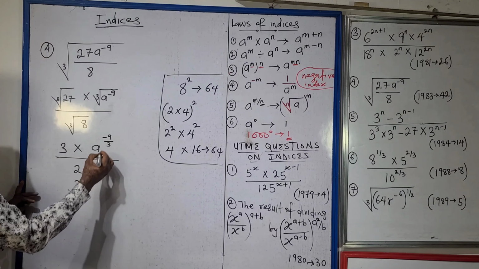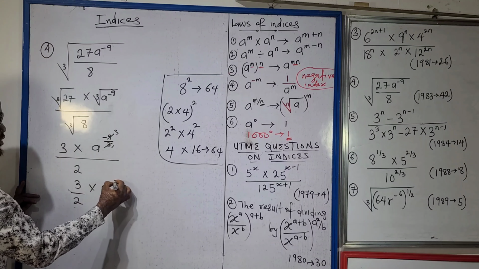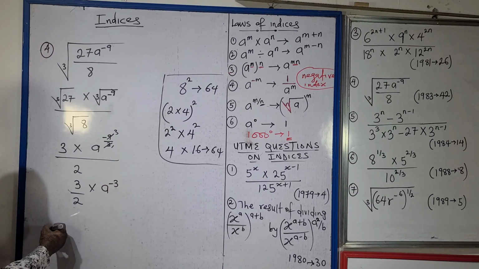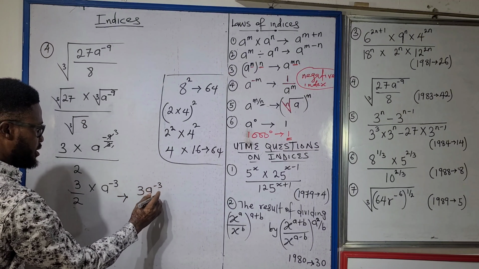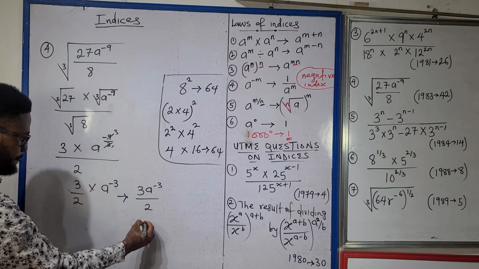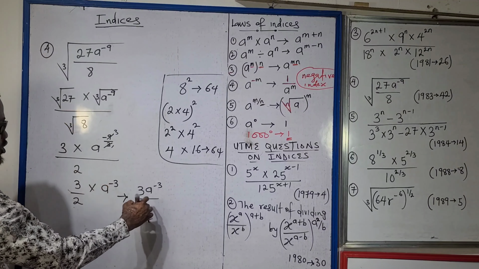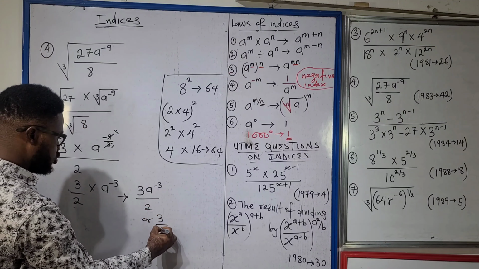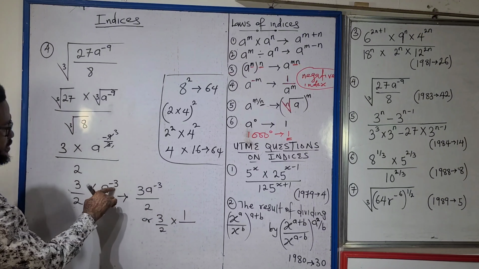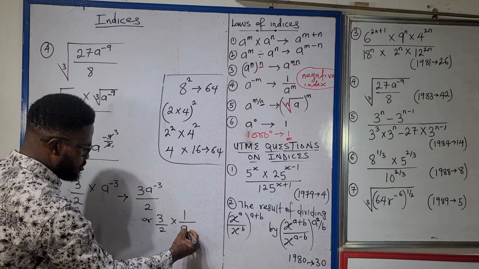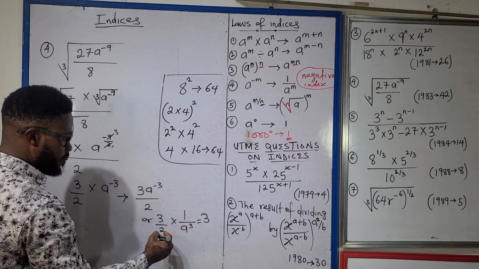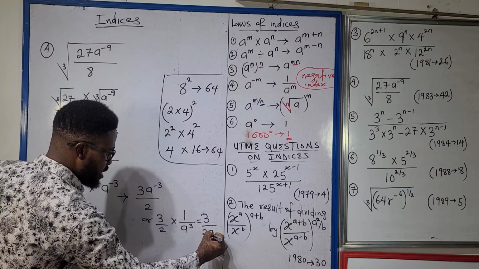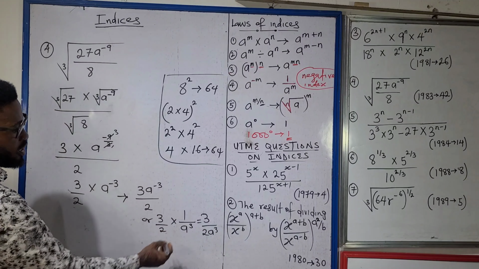Now 3 here is 1, 3 here is 3. So that what I have is a raised to power minus 3, and that will mean I could leave my answer as 3 a raised to power minus 3 divided by 2, or this will mean 3 over 2 times 1 divided by, because of the negative index here, that's going to become a raised to power 3. 3 times 1 is 3, divided by 2a raised to power 3, because 2 times a cube will give you a cube.